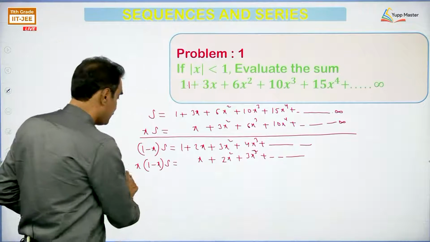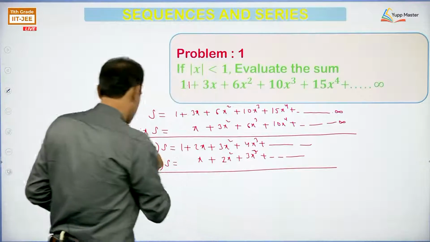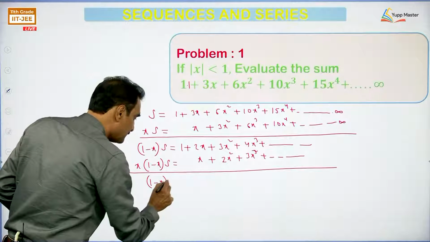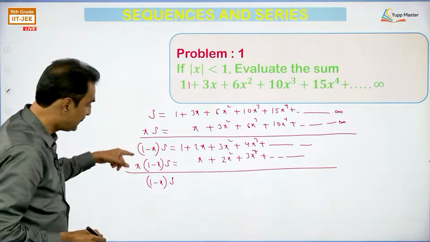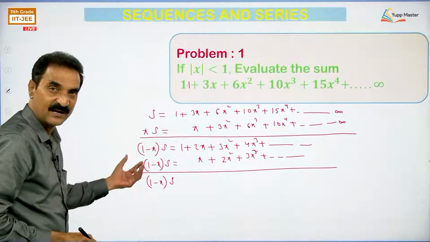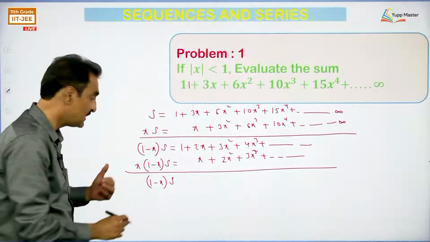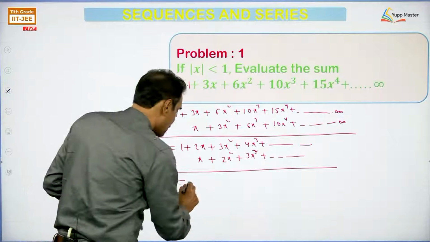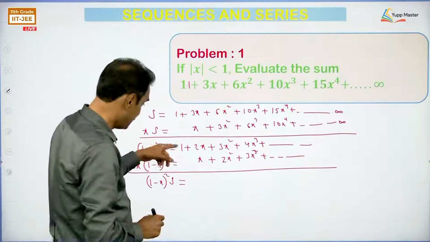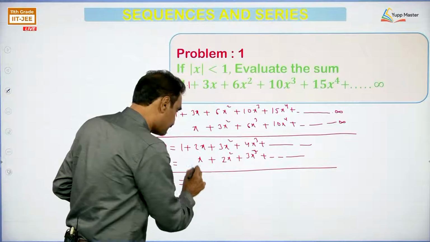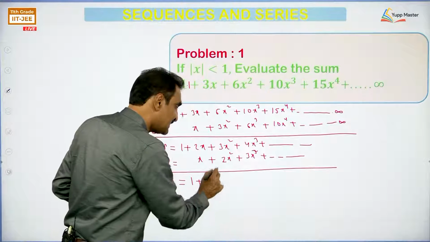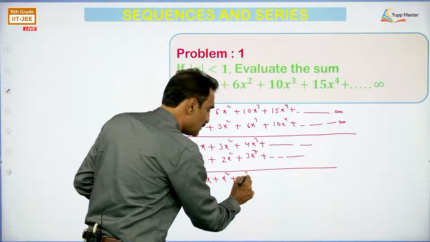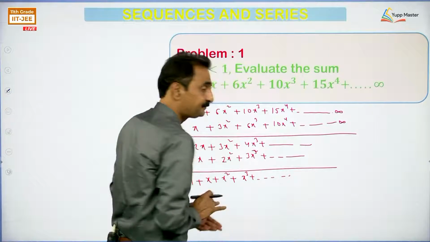Subtract. This minus this will be 1 minus x into S, which will be common. Here 1 will be remaining, here x, 1 minus x. So another 1 minus x is coming as a factor. So this becomes 1 minus x whole square into S. What are you getting in the RHS? 1 minus 0, 1. This minus this, x square plus x cube and so on.